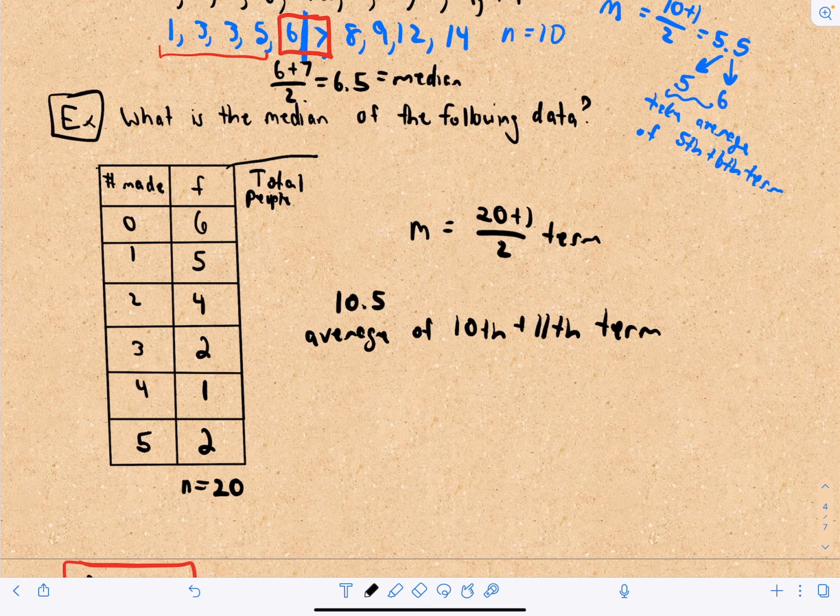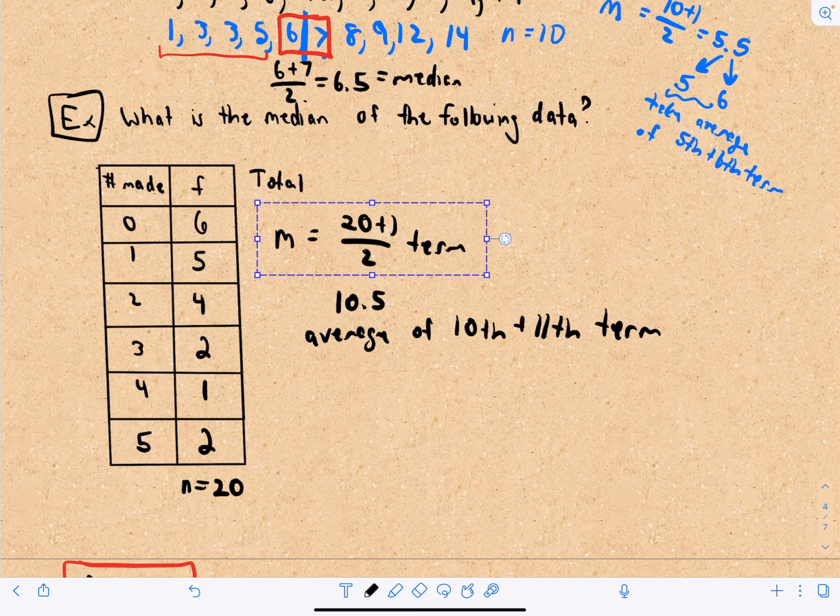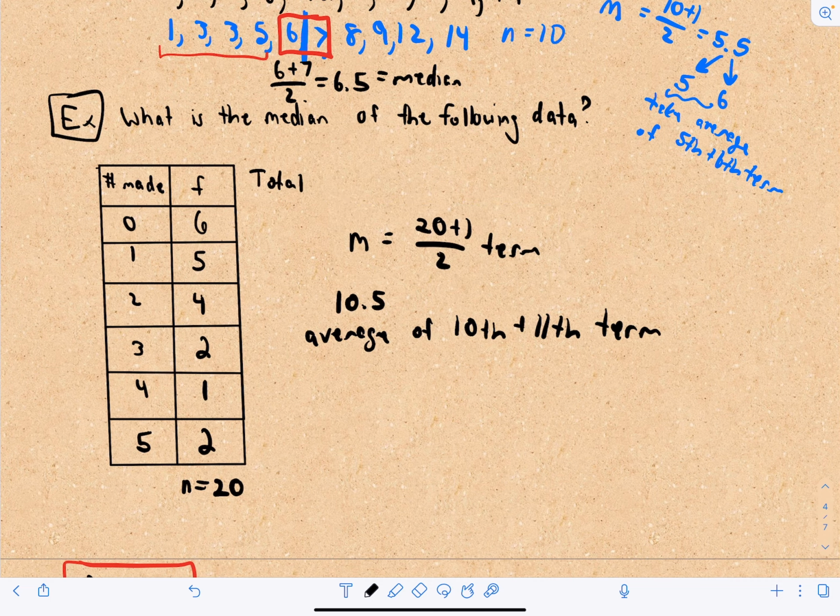What's the best way of labeling this? The technical way to label it would just be to call it the cumulative frequency. And that's what we should call it.